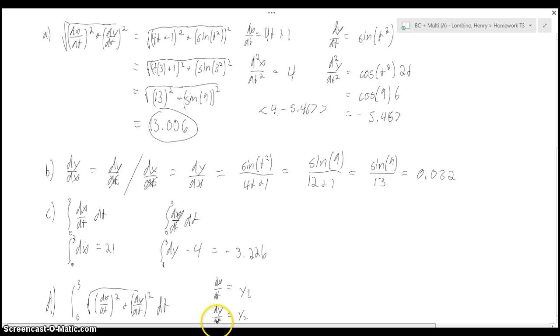So to plug this in for an integral, I would do fnInt, because my calculator is one of those relics, and I would do the square root of y1 squared plus y2 squared, because those stand for dx/dt and dy/dt, comma x, comma 0, comma 3, close parentheses. And that's how I would solve this.